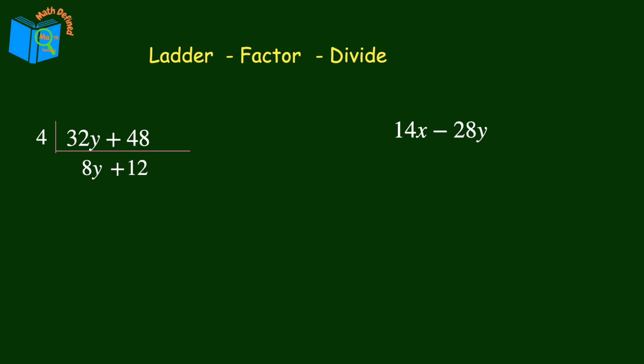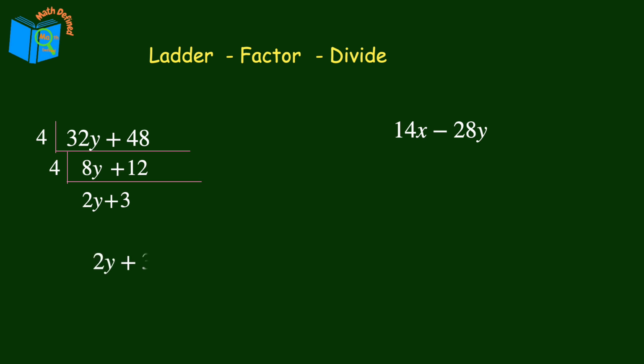Next, I see that these terms share an additional factor, so I'll need another ladder. And the shared factor I see is another 4. 8y divided by 4 is 2y, and 12 divided by 4 is 3. Now we are left with these two terms that do not share any common factors, so we are done with the ladder.